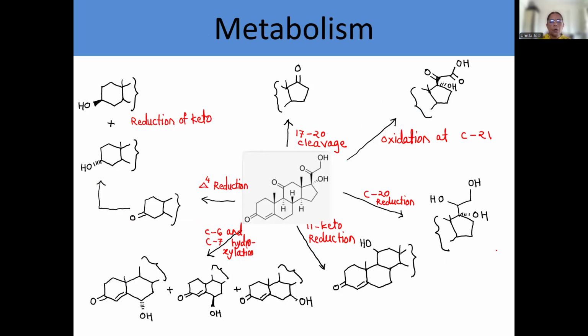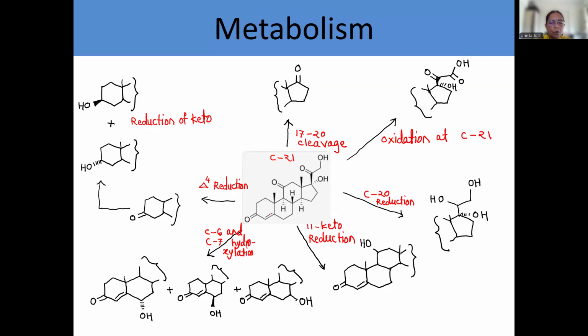Now, after nomenclature, we go to metabolism of steroids. I have taken one particular example of a C21 steroid. This is a corticosteroid, and let us see different metabolic reactions typical of steroids.